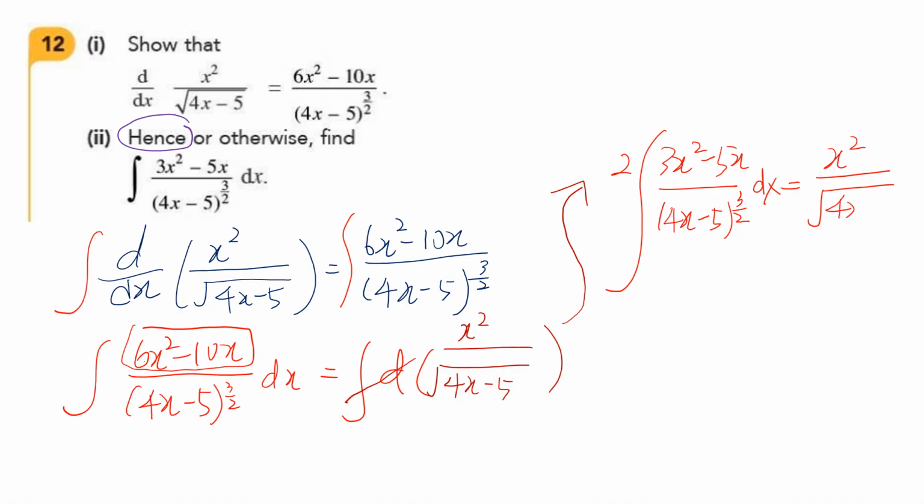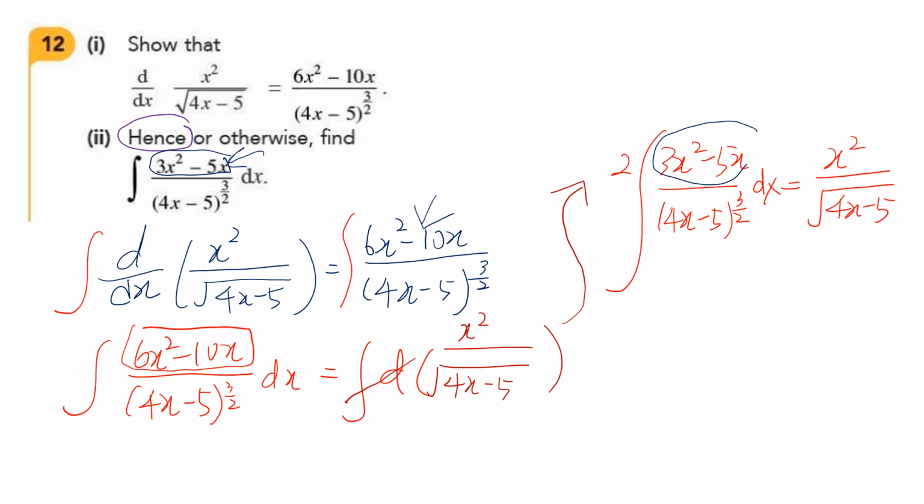Alright, and do you know why I want to take out the 2 from the numerator? Yes, if you look at what you're supposed to find here, can you see that what I want for my numerator is 3x squared minus 5x? That's why I need to pull out the 2, so that I get exactly what is required here.